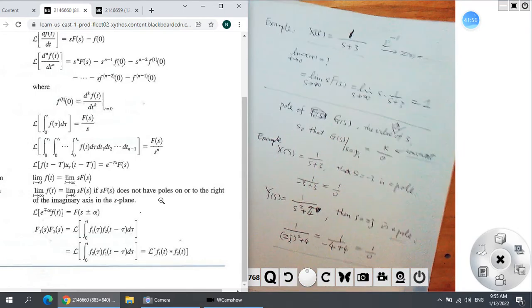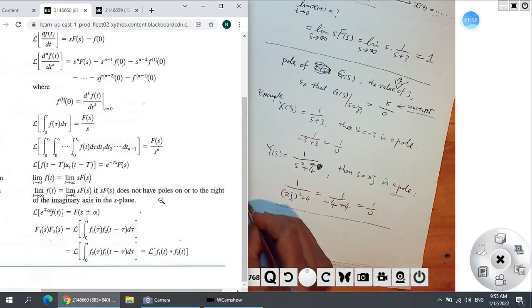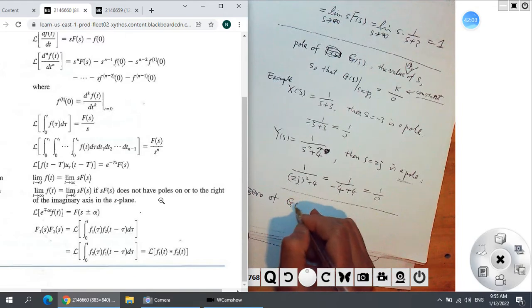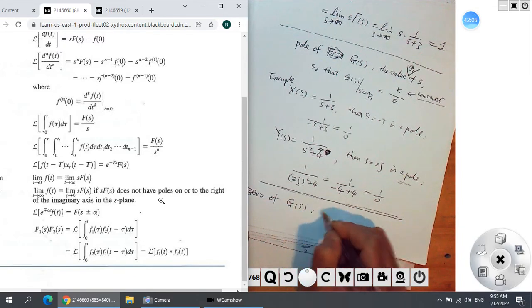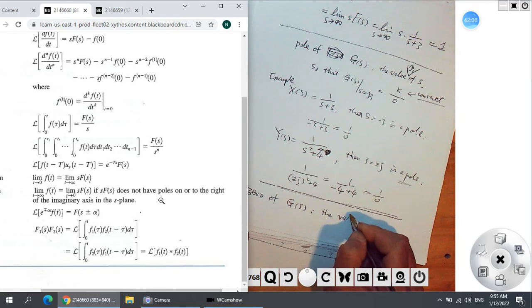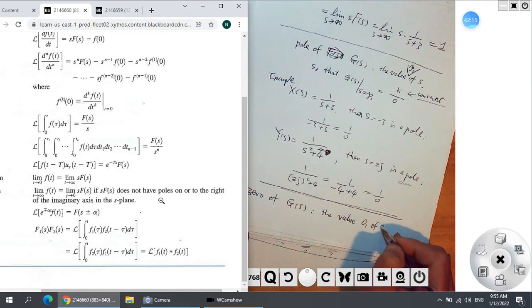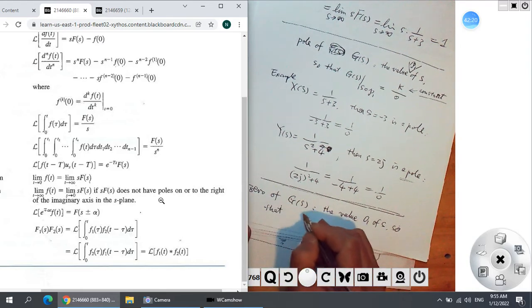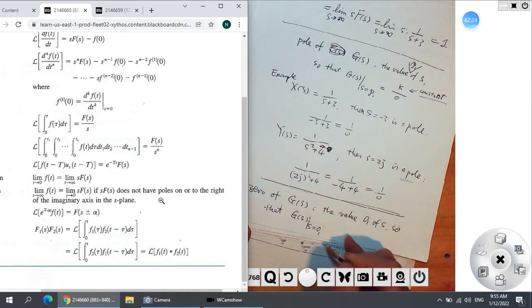And the related concept is a zero of G of s. The value, I say it is Z1 of s, so that G of s, when s equals that zero, this value is 0.